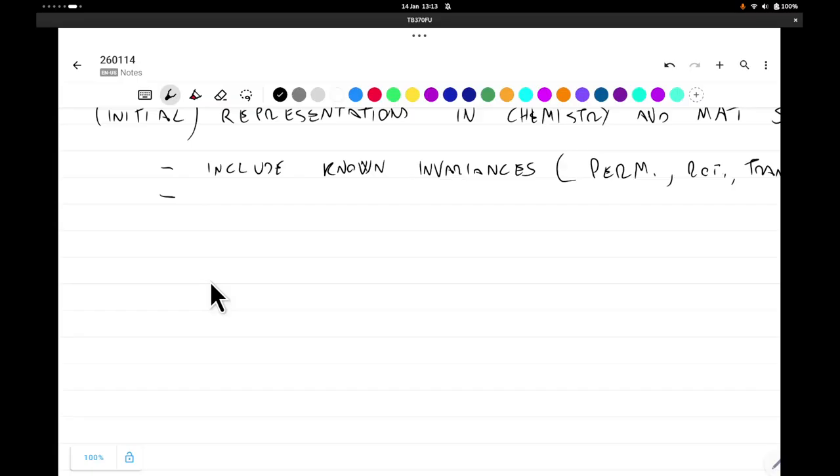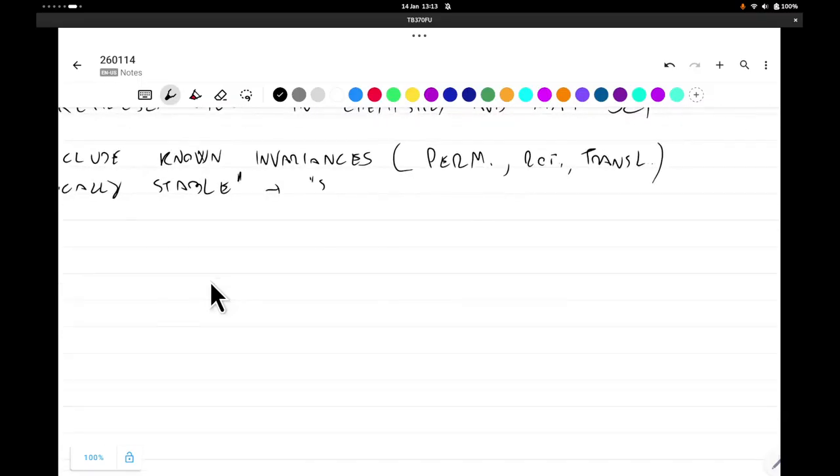Then you would like to have a representation that is somewhat, the general term people use is, locally stable. It is the general idea that similar input maps into a similar representation. A representation, one way or another, will be a vector.